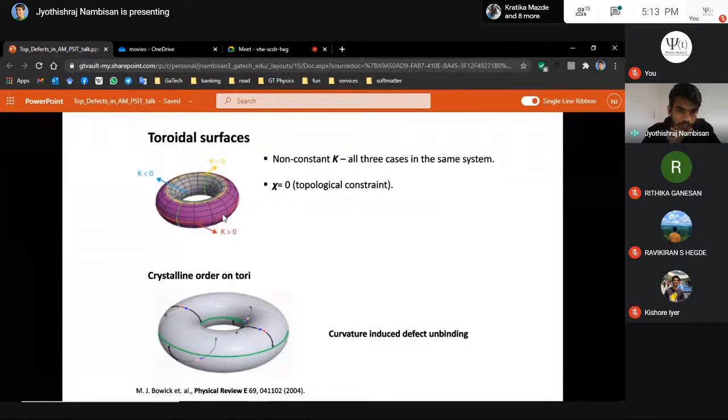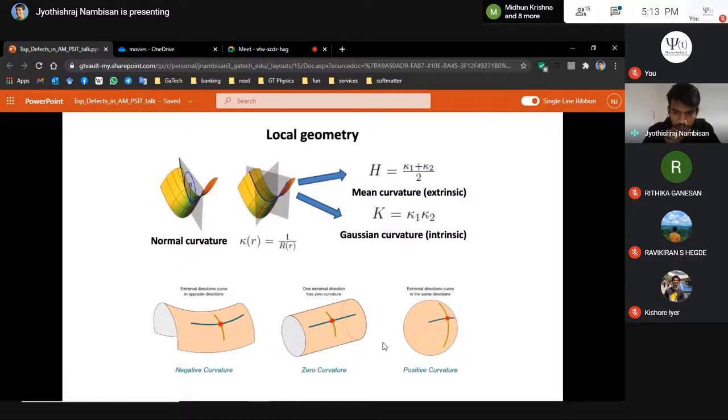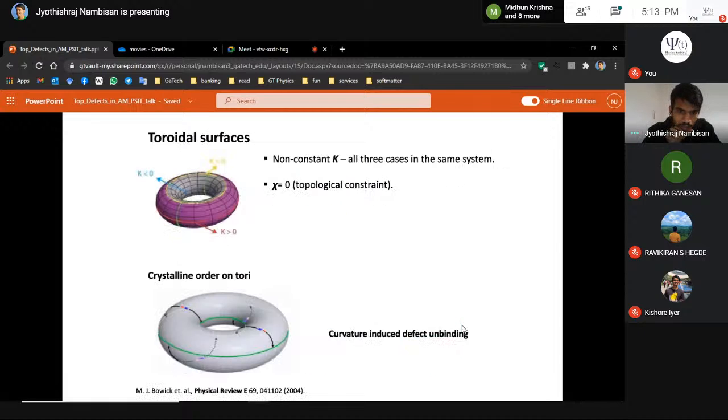You have an outside surface which is positive, like a sphere. You have an inside surface which is like a hyperboloid, like a saddle, so these are negative. And you have two central rings on the top and on the bottom, which are exactly k equal to 0 rings.